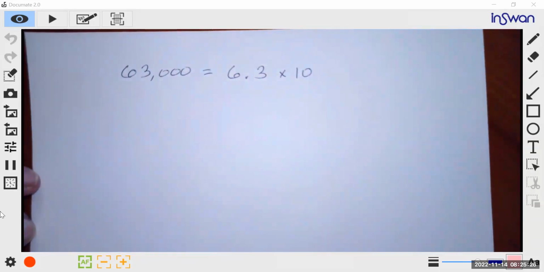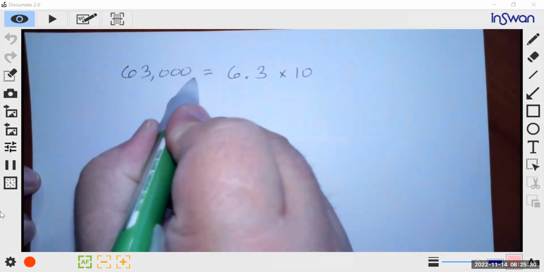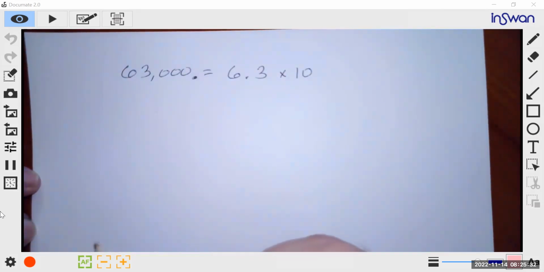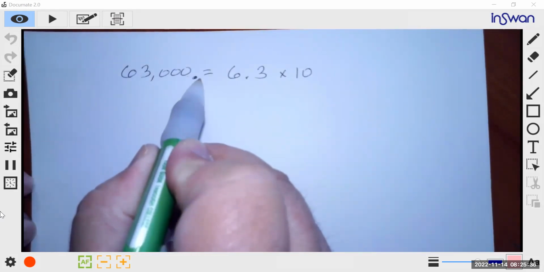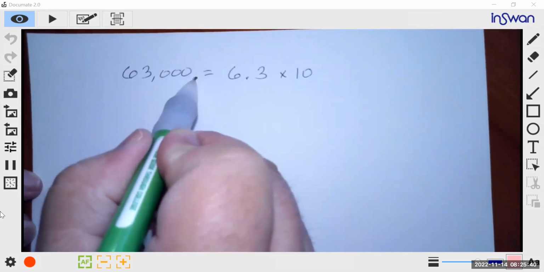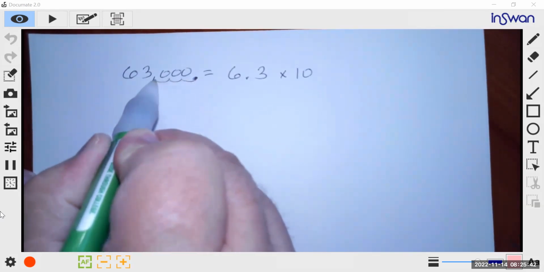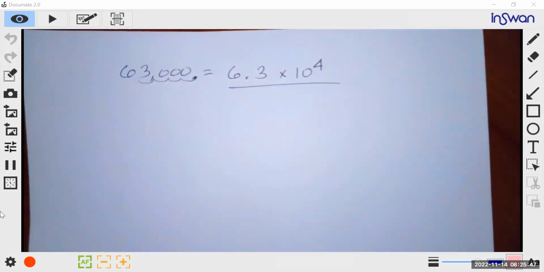How many decimal places do we have to move it? Where's the decimal now? The decimal's at the end. If there's no decimal, it's always after the last digit. So to go from here to here, how many spaces do I have to move it? 1, 2, 3, 4. And there's your answer.